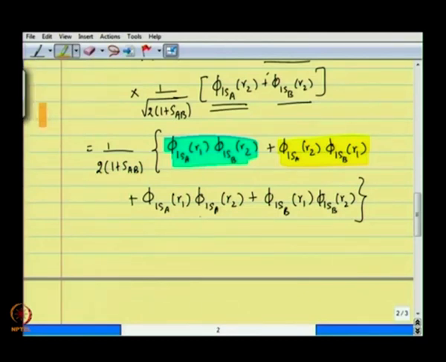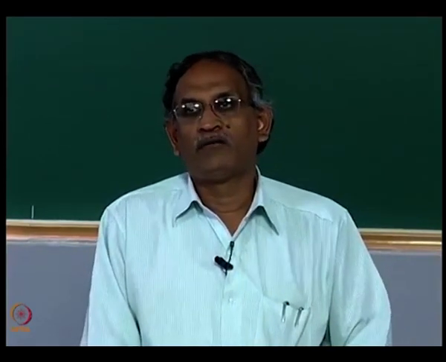Okay, let us highlight it with a different color. The square of the coefficient associated with this orbital essentially tells you that electron 1 is in the 1s orbital of atom A, and electron 2 is also in the 1s orbital of atom A.